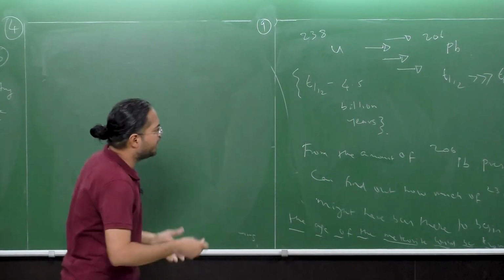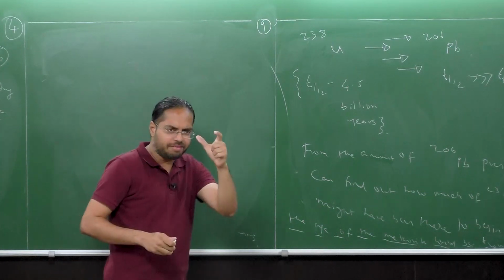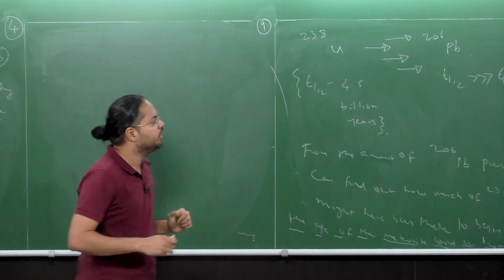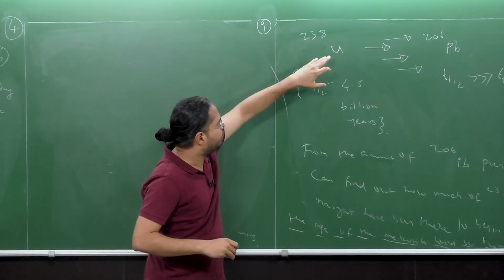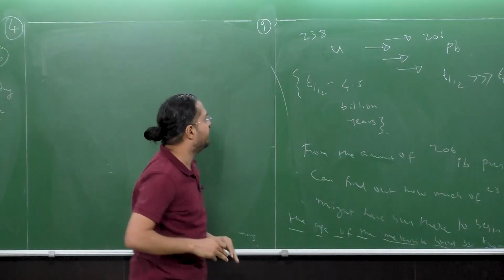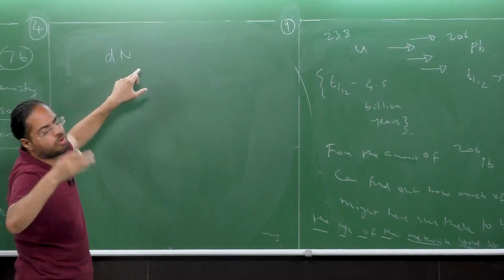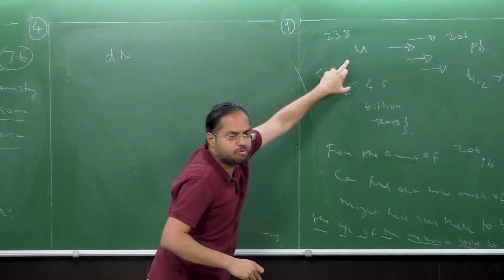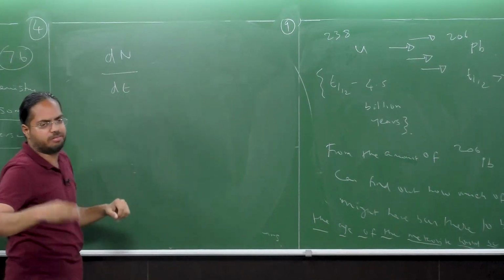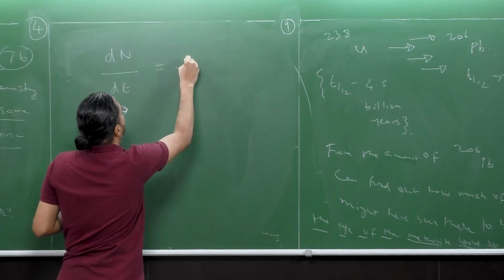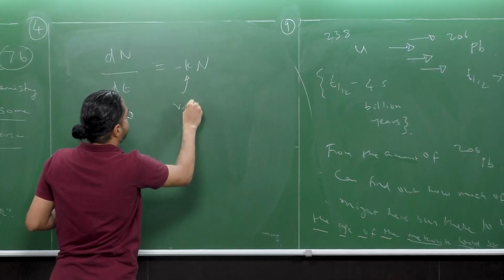It has been found by experiments which measure radioactivity, I think with a Geiger counter, that when n is the number of atoms of uranium undergoing radioactive decay, for a very small interval of time, the rate of decay has been found to be proportional to n, where K is my radioactive decay constant.